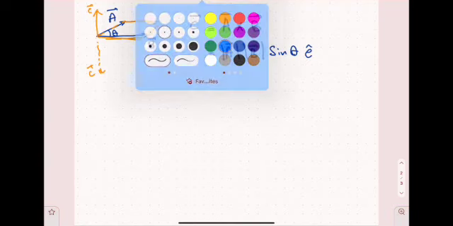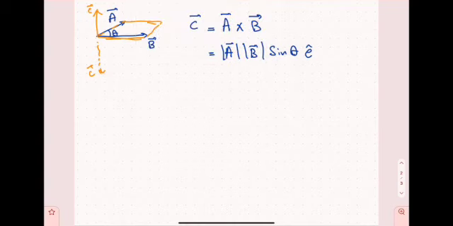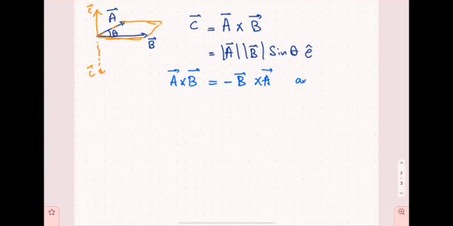So, for example, we can already write the first property of the cross product: A cross B is not equal to B cross A. However, it is minus B cross A. This is the property of anti-commutation.